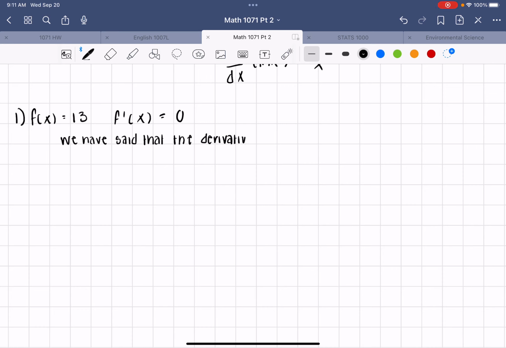Well, think about what that means in this case. If you've just got f equals 13 or y equals 13, don't you know that that's a horizontal line up here at 13? So the tangent to a line is itself.